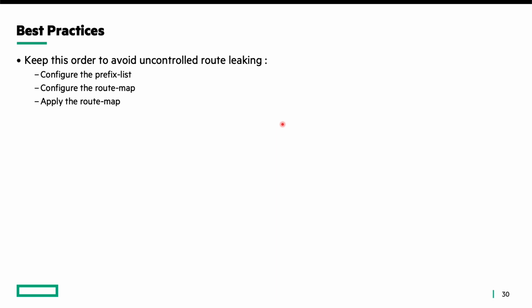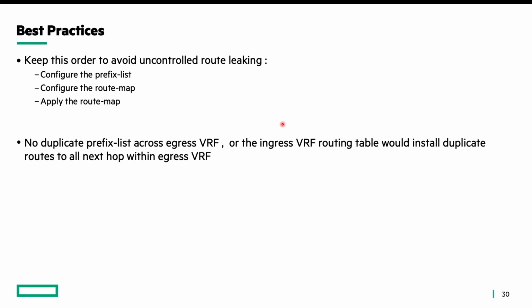What about the best practice with these features? First, when you configure it, let's keep the order: first configure the prefix list, the route map, and then apply the route map to the VRF. No duplicate prefix list across the egress VRF.